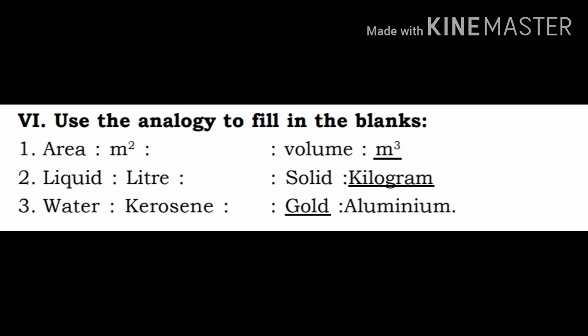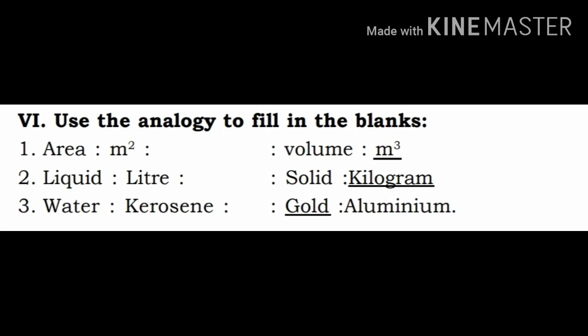Roman letter 6 is: use the analogy to fill in the blanks. What do you mean by analogy? Comparison between two. First one, they have given the unit. What is the unit of area? Meter square. So what is the unit of volume? Meter cube. Second one, liquid is measured in liters, solid is measured in kilogram.